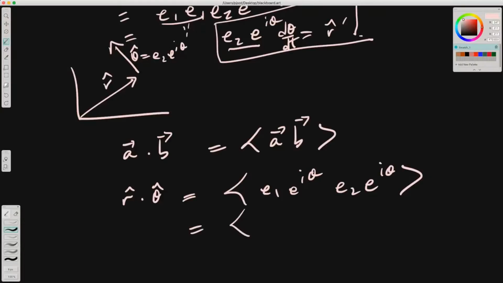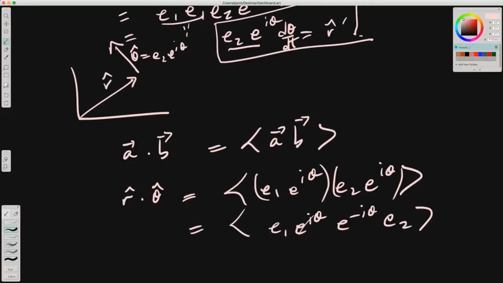So we can switch the order of these two, introducing a conjugation in the sign of the complex exponential. So let's write this as e1 e to the I theta, e to the minus I theta, e2.